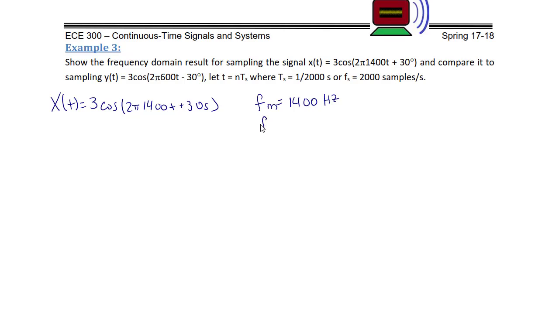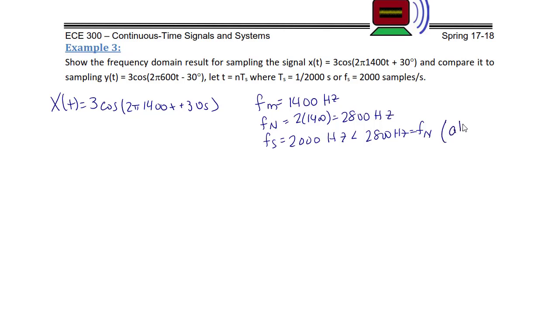So the Nyquist frequency should be equal to 2 times 1400, which is equal to 2800 hertz. But the problem statement states that it's sampled at Fs equal to 2,000 samples per second, or 2,000 hertz, which is less than 2800 hertz, the Nyquist frequency. So what this tells us is that we are going to have aliasing.